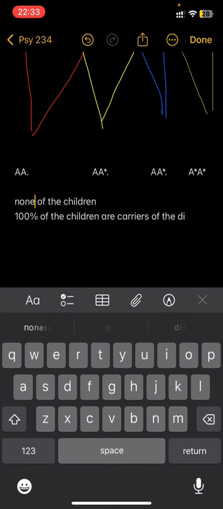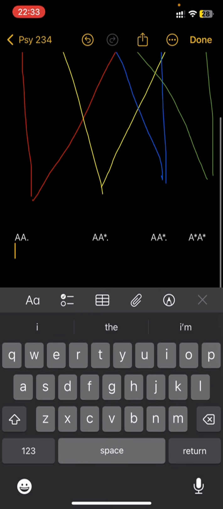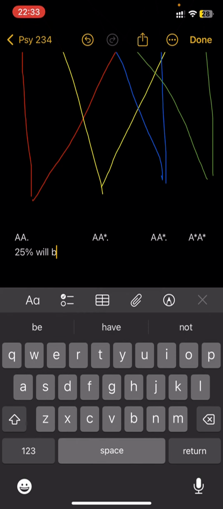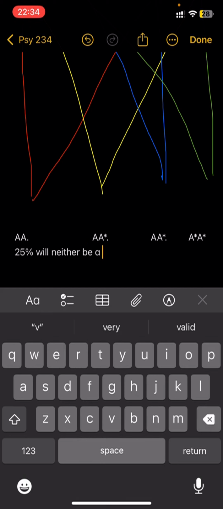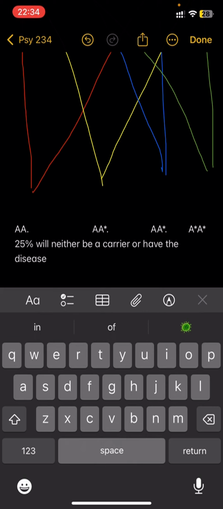So now the conclusion is going to change. Now we can say 25% will neither be a carrier or have disease. Because look at the person under the A, he has no disease or is not a carrier.